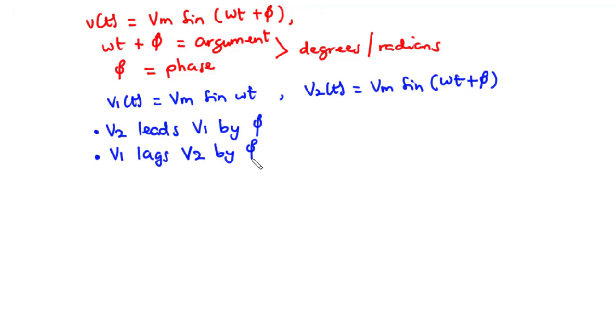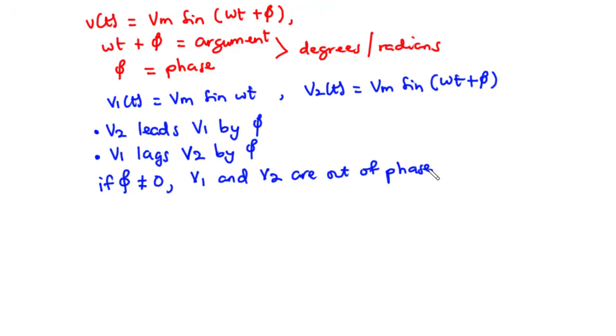So any of the two is correct. Either V2 leads V1 by phi or V1 lags V2 by phi. Now if phi is not equal to 0, then what this primarily means is that V1 and V2 are out of phase.